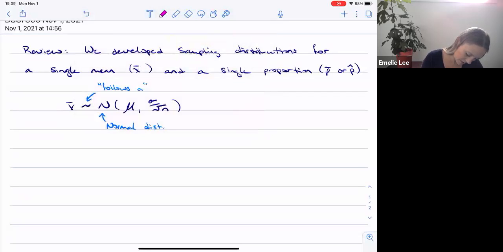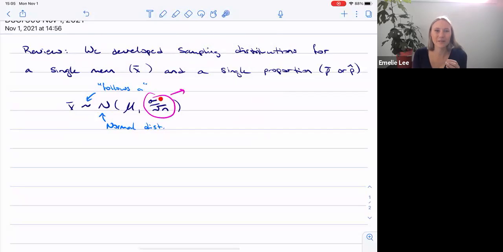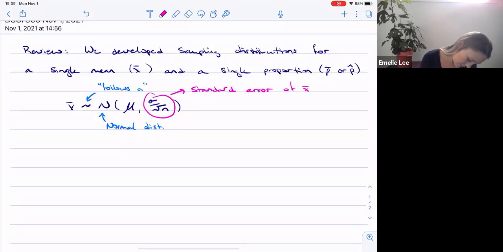Now the problem is that sigma is the standard deviation of X. So the standard deviation of X bar is the standard deviation of X divided by root n. That gets a little bit wordy, and so instead we call it the standard error. So this is the standard error of X bar.